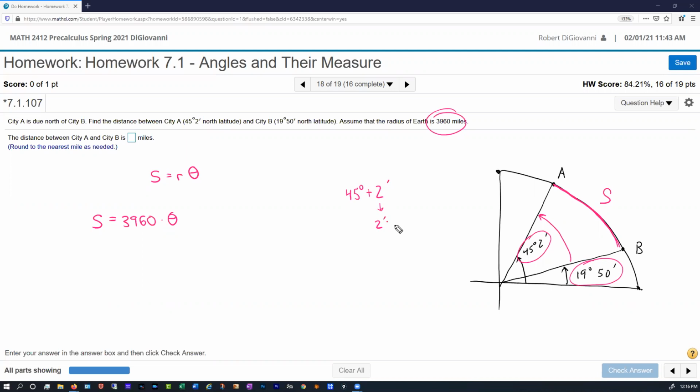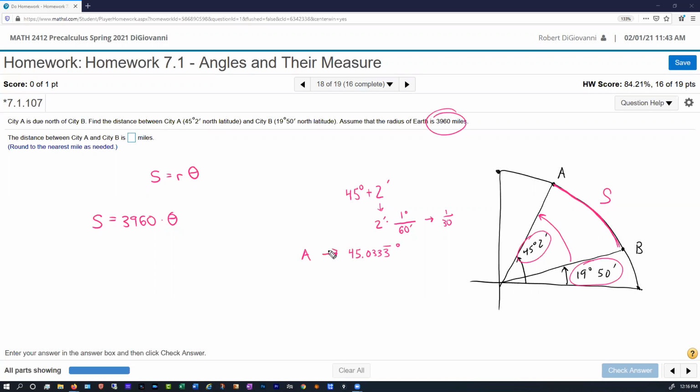I know that 1 degree is 60 minutes, so the minutes cancel. I just get 2 over 60, which is the same as 1 over 30. On my calculator, I get 45 plus 0.0333 repeating. That's the degree measure of city A.